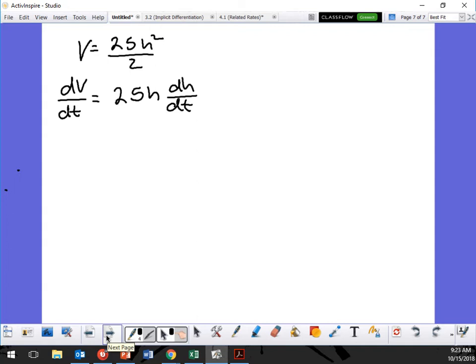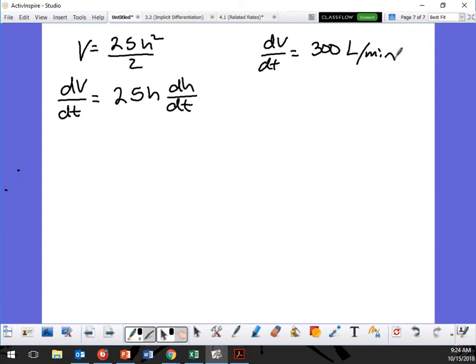So, I know that I'm going to move this way. But now the dV/dt. So it gave us that dV/dt is 300 liters per minute. Now, I got to do a unit conversion here, because I'm looking for everything in terms of the height, right? But if it's in terms of the height, isn't my height supposed to be in meters?